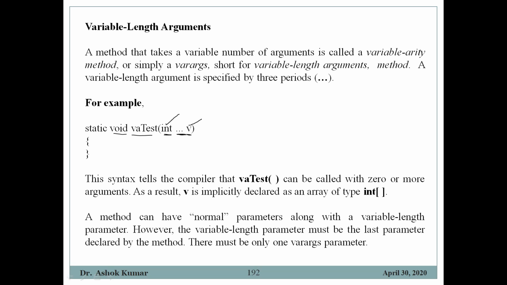So internally this v is an array of type integer. Variable length argument methods are also called variable-arity methods, as mentioned on this slide.